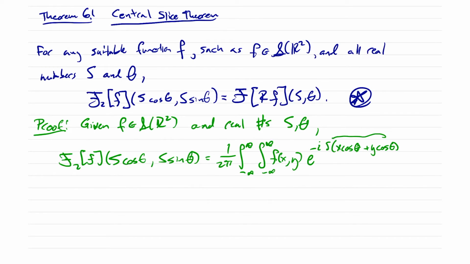So this is just taking the dot product of this with x comma y. Alright, and so this is integrated dx and dy.